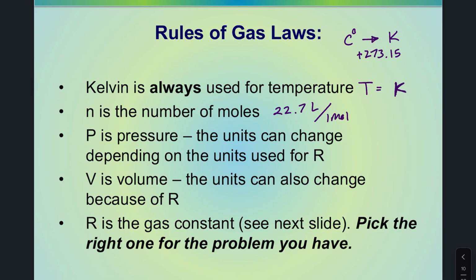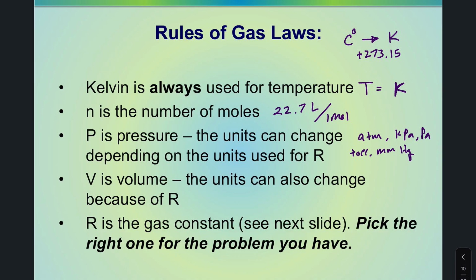We have atm, all lowercase, kPa, Pa, torr, and millimeters of mercury. Those are going to be the most common ones, so those are probably what I would use if I was testing you on this.